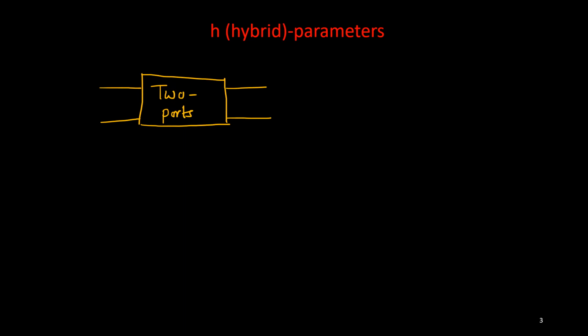Consider this is your two ports. This is port number 1, this is port 2. The input voltage, port 1 voltage, is V1 and current entering is I1. This is your V2 and it is I2.